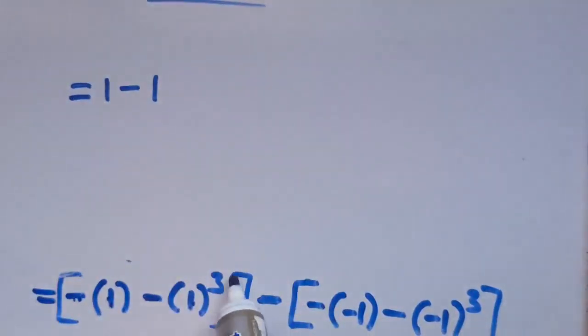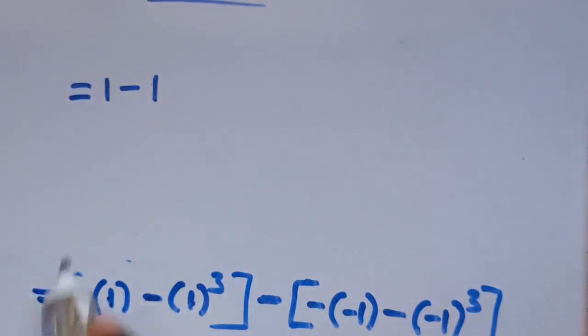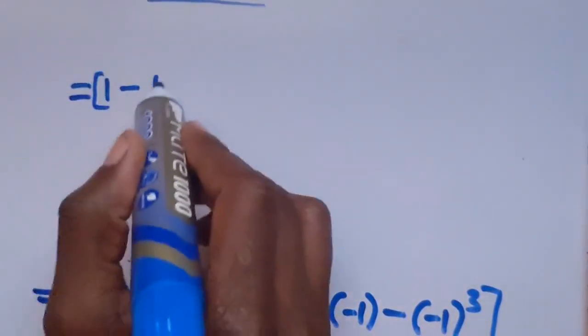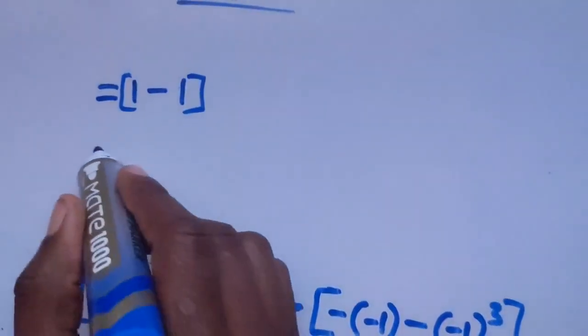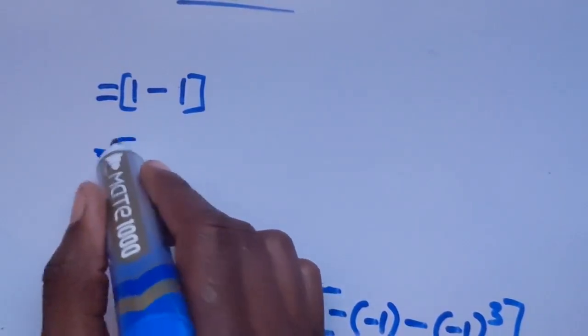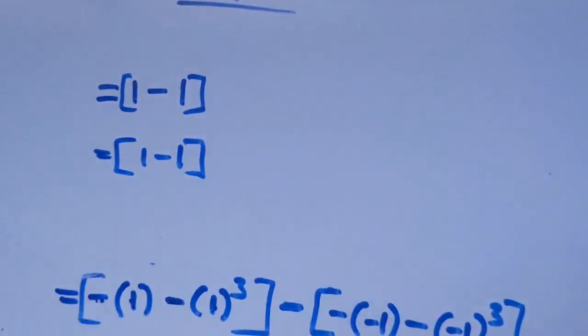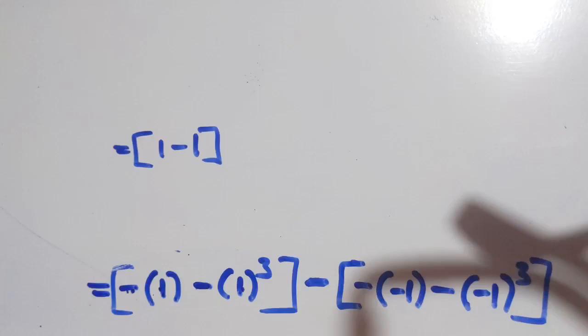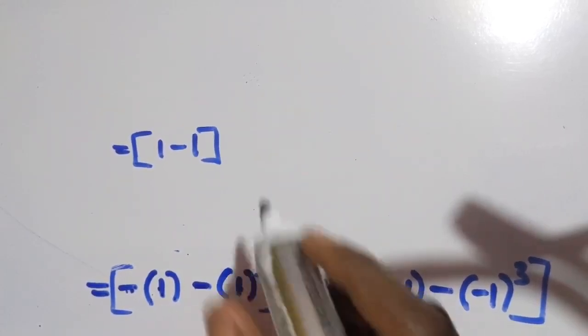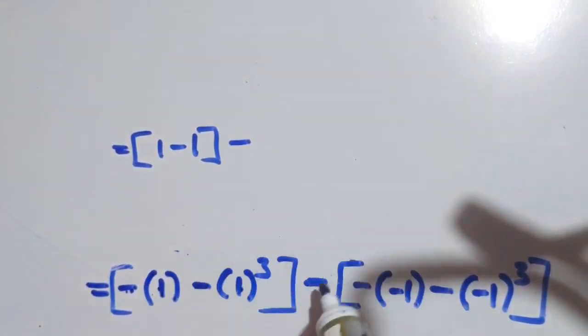Alright, so we know that we have put the brackets here. So let's continue and put the brackets like that. Let me bring it down here. So we are going to say 1 minus 1 like that. Okay, so when you put the brackets, there is a negative here, which is here.